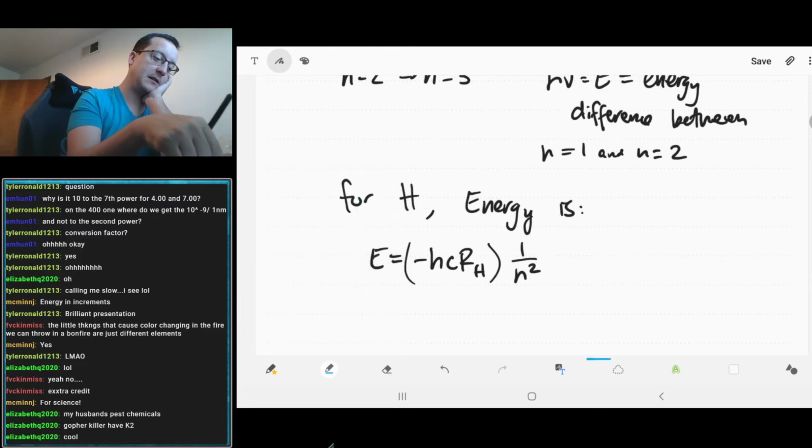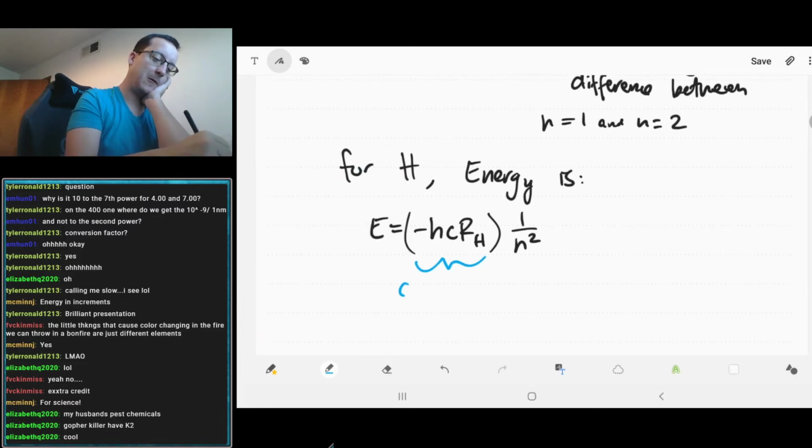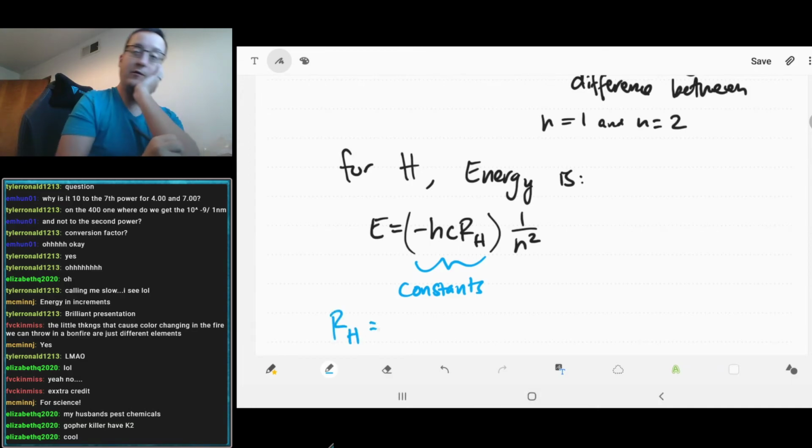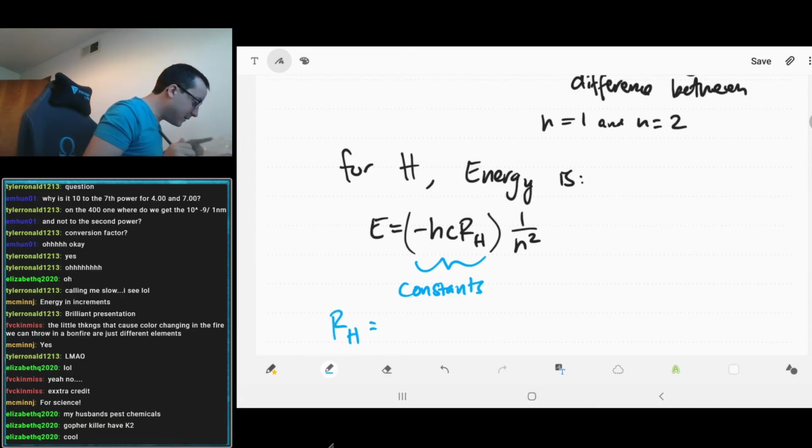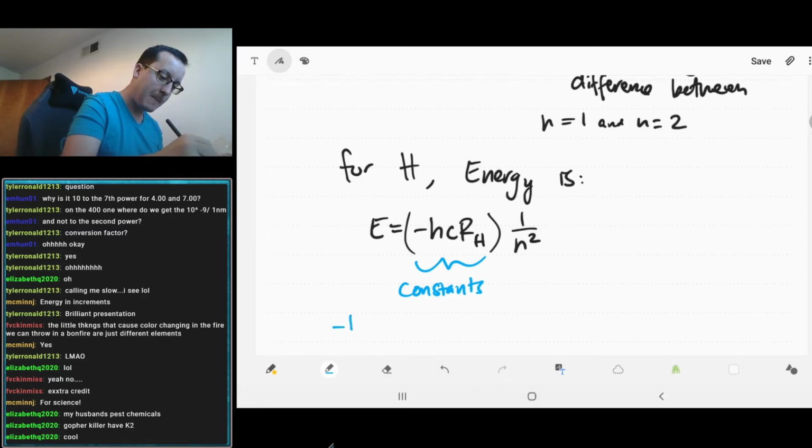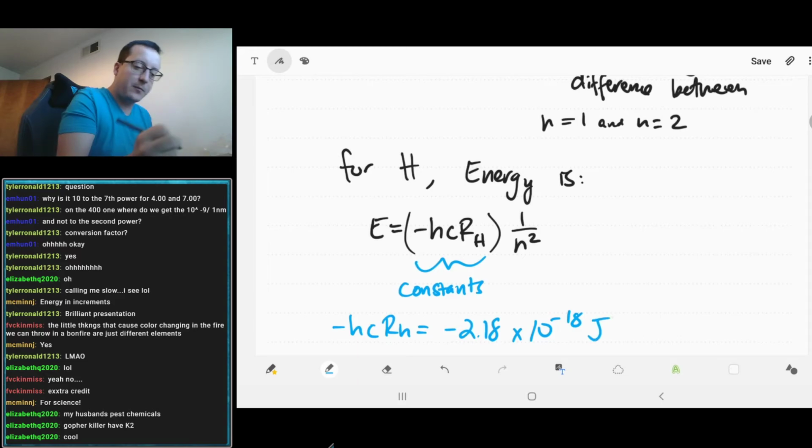These are all constants, and RH for hydrogen I do not have memorized because I've never really used it. The book just gives it to us combined anyway. What this equals is negative 2.18 times 10 to the negative 18 joules.